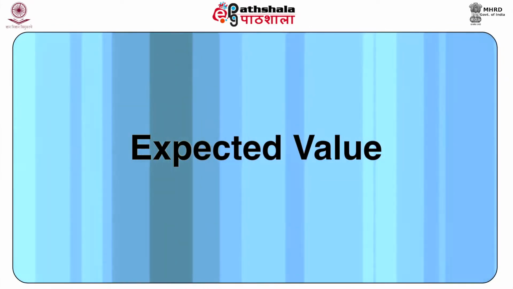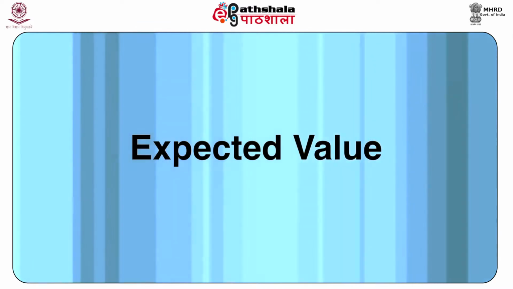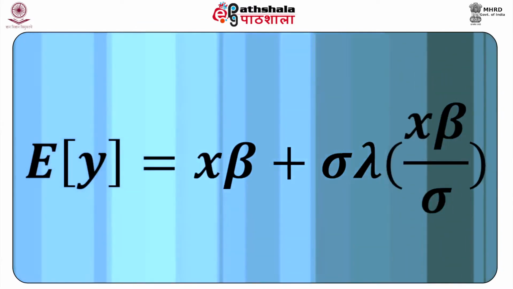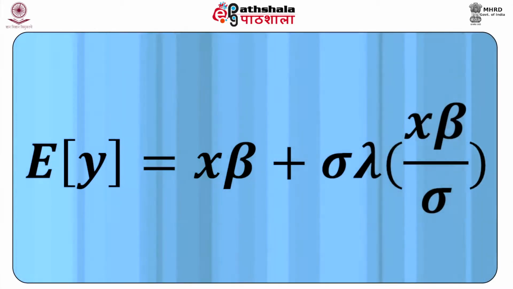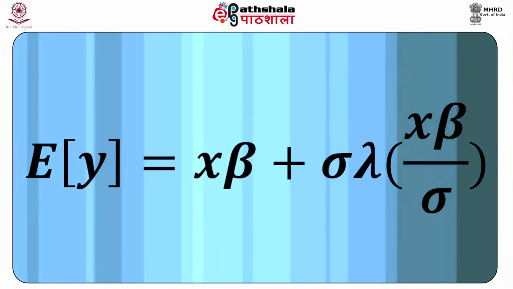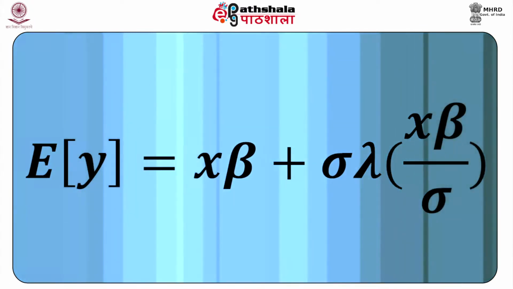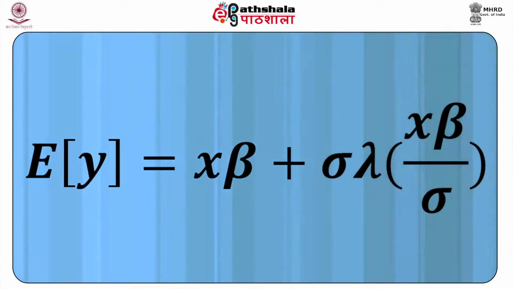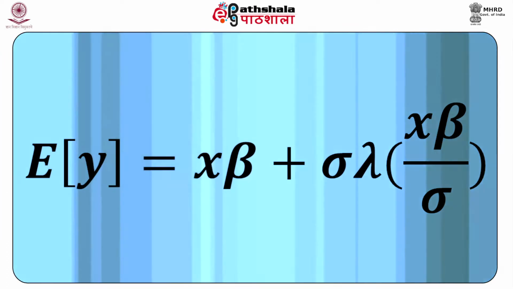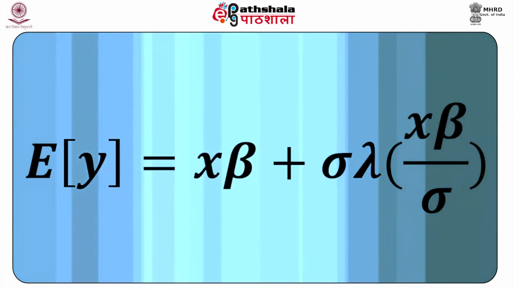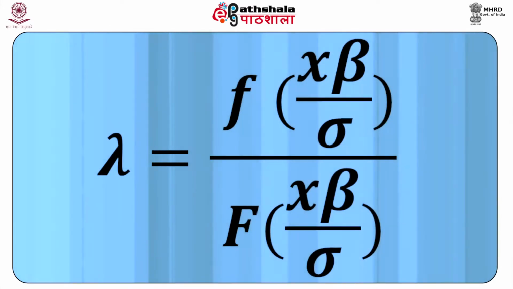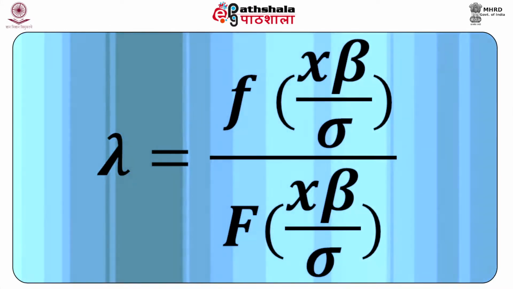Let us try to understand the concept of expected value in such situations. Now, expected value of y is given by the expression below in case of truncation from below, and you can see the appendix for more details. The expected value of y is now equal to x beta plus sigma lambda of x beta upon sigma, where lambda is the inverse Mills ratio.